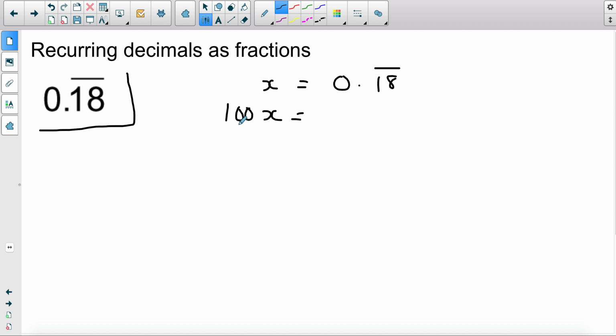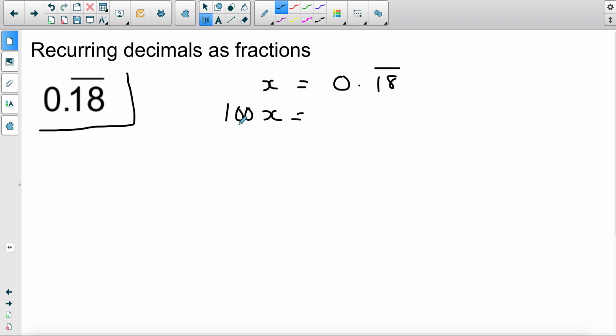And so now you solve for x, and so x is equal to 18 over 99, and this simplifies to 2 over 11. So always simplify your fractions, and notice that we wrote x as being equal to this recurring decimal.